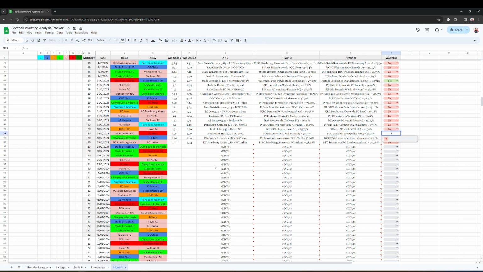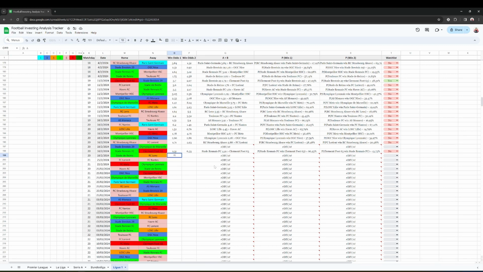Okay, let's move on. Rennes against Clermont. We just need to have a strong favorite here. Number 4, Rennes. Yeah, they are 1.51 for Rennes and 6.35. Okay. This one, excuse me.